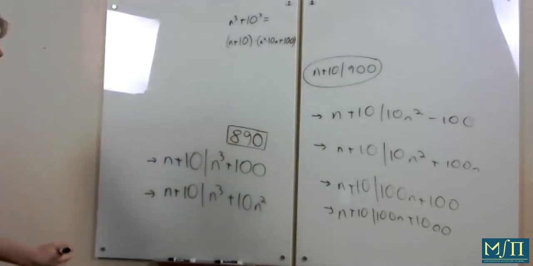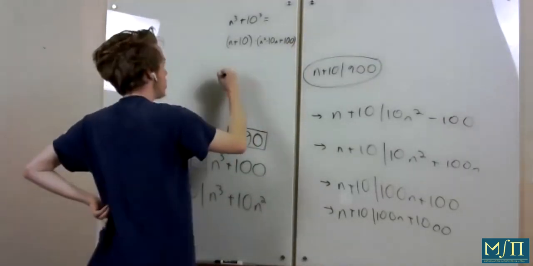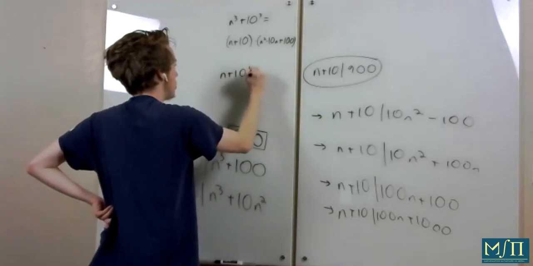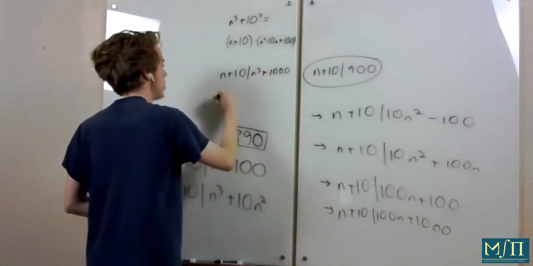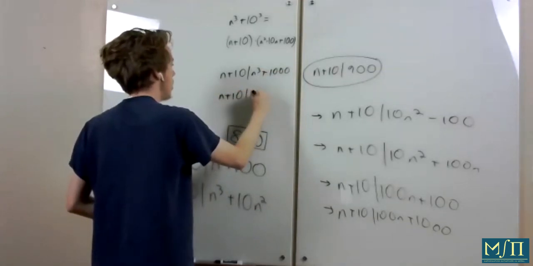So we know that n plus 10 divides n cubed plus 10 cubed. And then just subtract those directly and say n plus 10 divides 900.